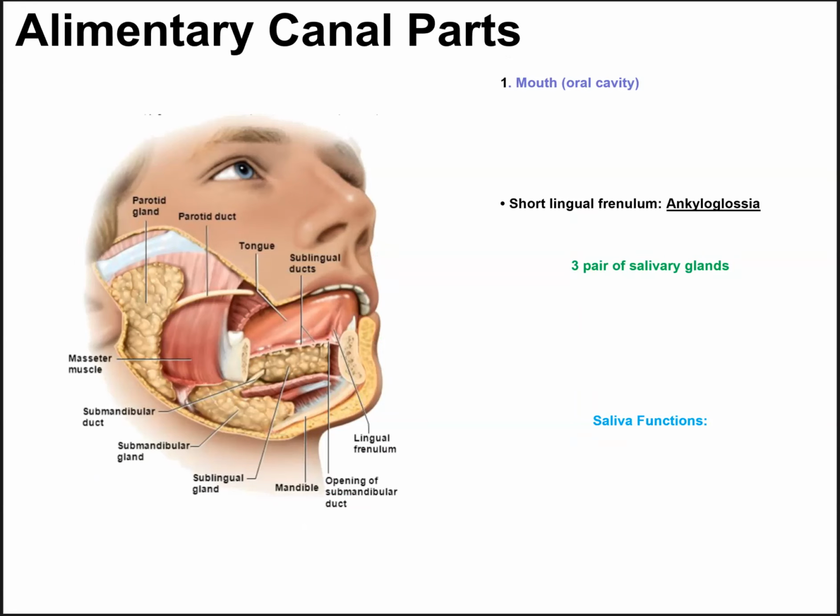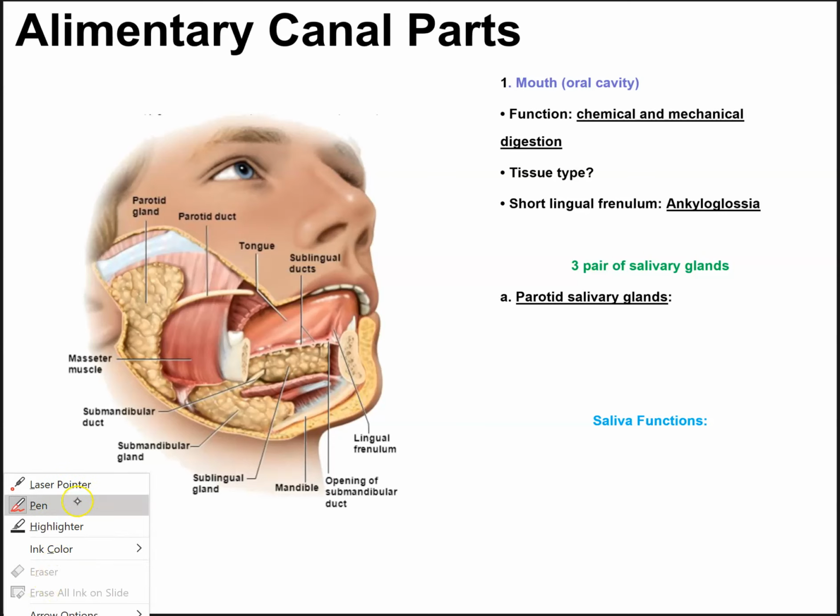So the first part of the alimentary canal is the oral cavity, which we call the mouth. The function of the oral cavity is to help in chemical and mechanical digestion. Now, this cavity contains stratified squamous epithelium, not simple squamous epithelium, and it produces something called defensins.